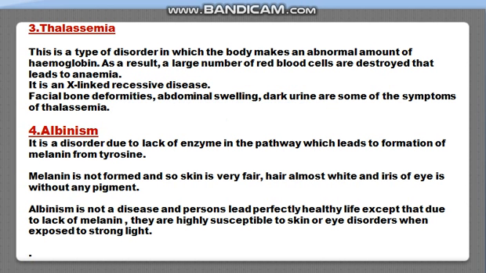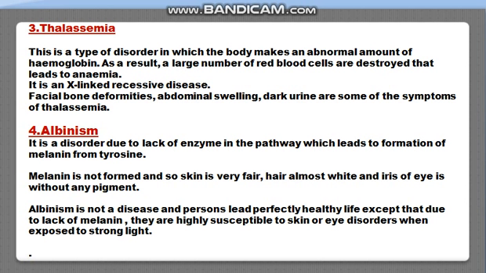So thalassemia is a fatal disease, and in this type of disorder the body makes an abnormal amount of hemoglobin, and so a large number of RBCs are destroyed due to the extra hemoglobin, and this leads to anemia, because whenever there is a loss of RBCs this leads to anemia. And then many deformities like facial bone deformities are caused. There is swelling in the abdomen and dark urine is passed out. So these are the symptoms of thalassemia.